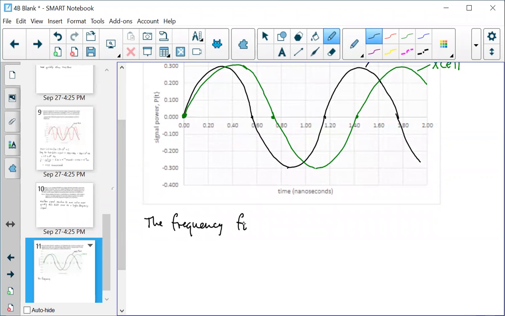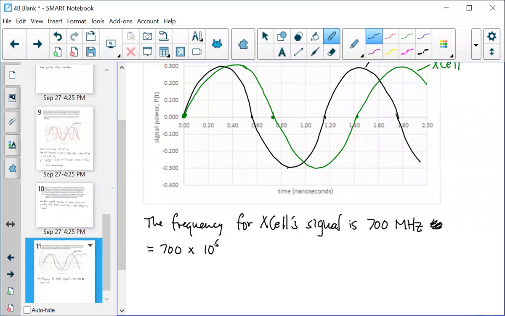the frequency of the Xcell signal is 700 megahertz, which equals 700 times 10 to the 6 hertz, which is equal to 7.0 times 10 to the 8 hertz.